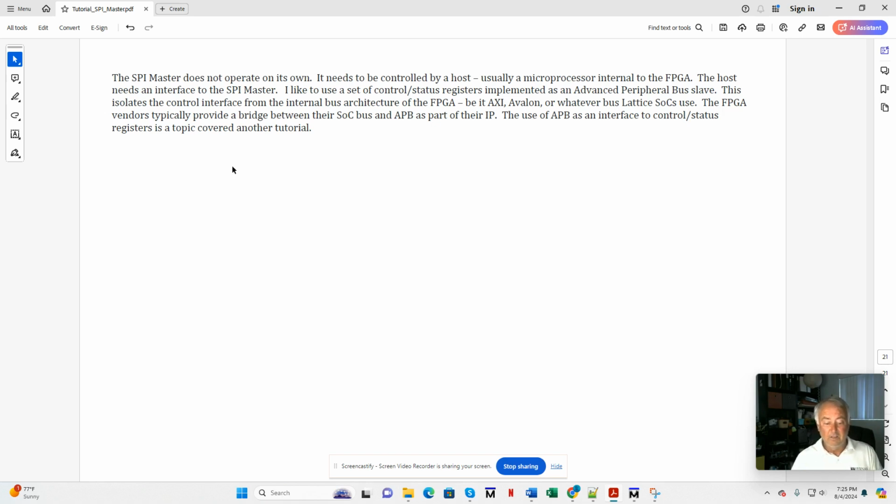But all of them have a bridge between their internal bus and advanced peripheral bus. And then by coding up your control status registers as an advanced peripheral bus interface or a slave device, and then interfacing those to your SPI master or masters, you make your design portable and independent of the FPGA vendor's IP.